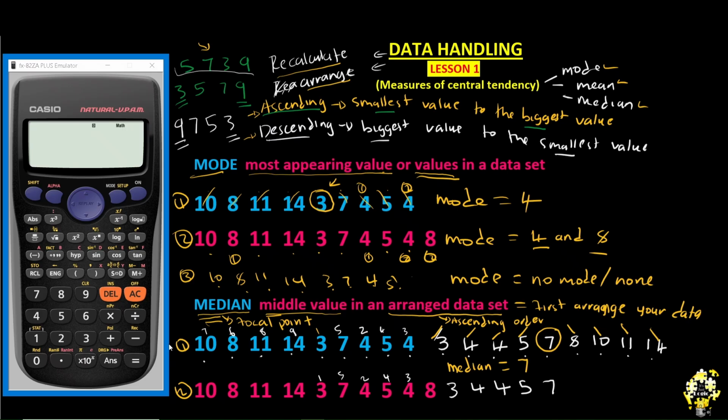An 8. There we go. What else? Another 8. Fascinating. What else? 10 is our number 8. What else? We have an 11, which is our number 9. Lastly, we have a 14.